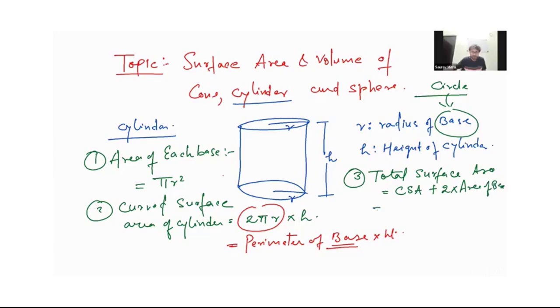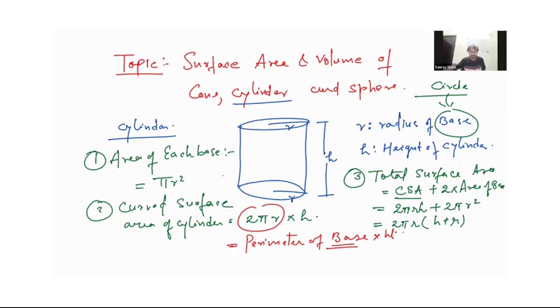The curved surface area is 2 pi r h, plus 2 into pi r square. Taking 2 pi r common, it will be h plus r. So the total surface area is curved surface area plus twice the area of the bases, and since the bases are circles, it is 2 pi r square, because there are two circular bases. So it is 2 pi r into h plus r.